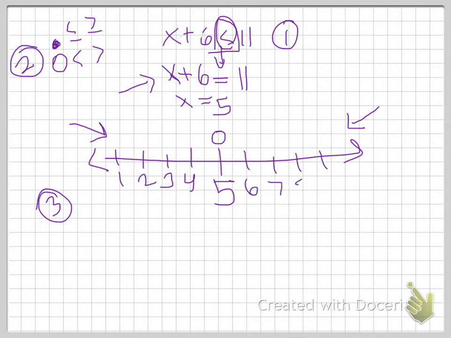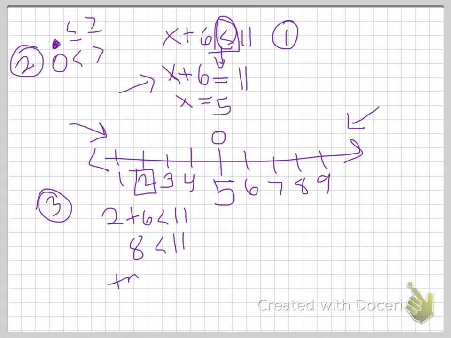I am going to choose the number 2 because it is the only even prime number and it makes me happy. And if we substitute 2 into our original inequality, it says 2 plus 6 is less than 11. 8 is less than 11. That's definitely true. That makes sense.